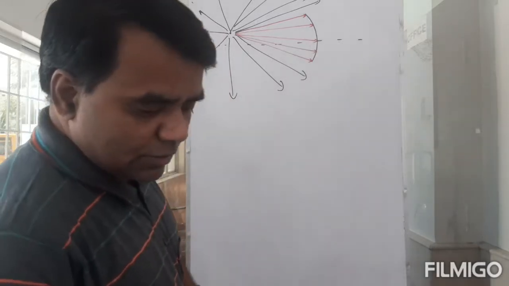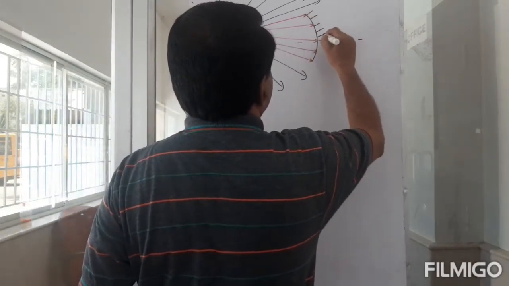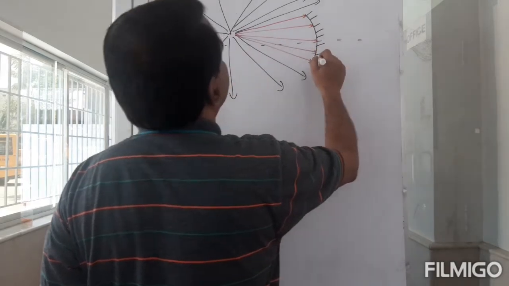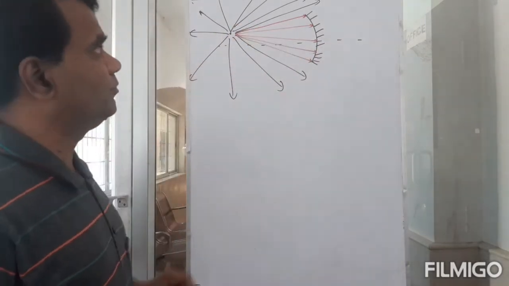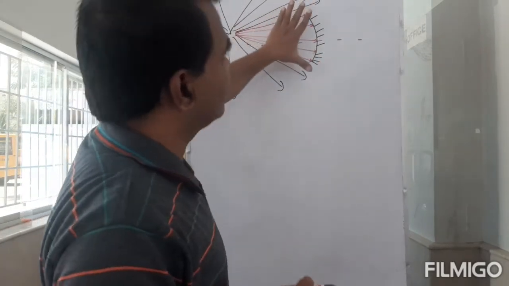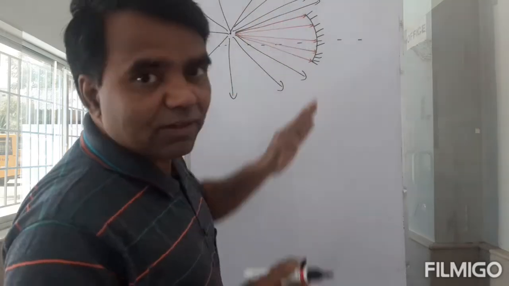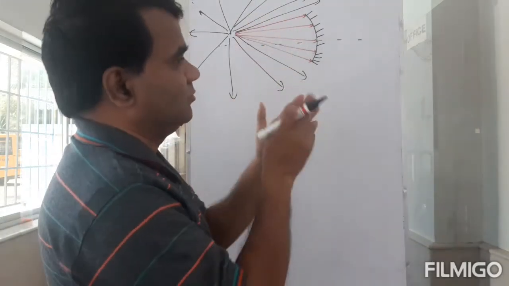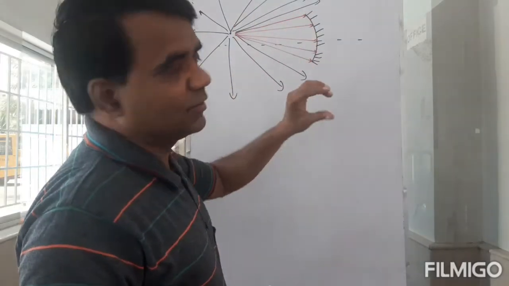So this is a mirror. These rays hit the mirror. If the mirror is big, then a lot of rays will hit the mirror. If the mirror is small, then a smaller number of rays will hit it.